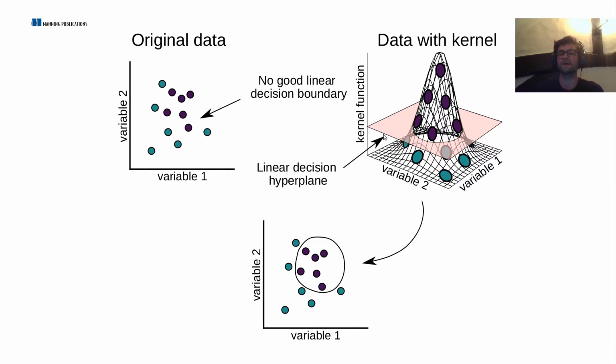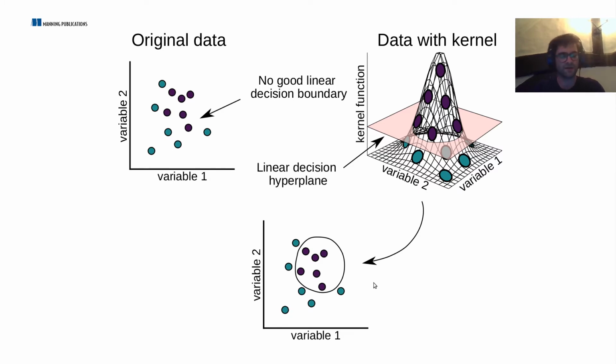If we project where this hyperplane cuts across the kernel function back onto the original feature space, you can see that by learning a linear hyperplane, the algorithm is actually able to learn a complex curved decision boundary and separate these two classes.